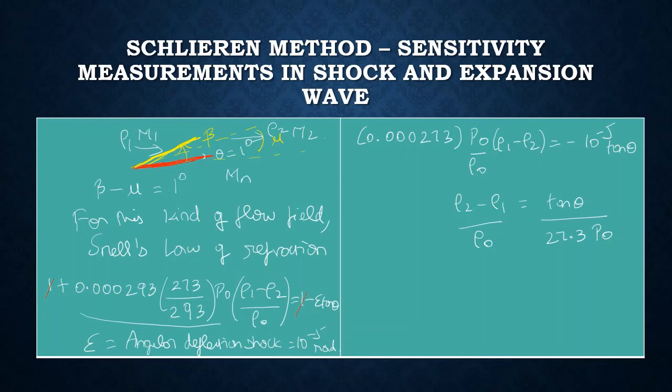That is, you have to find the value of rho 1 by rho naught initially. For this rho 1 by rho naught, you use the relation rho 1 by rho naught equal to 1 plus gamma minus 1 divided by 2 M1 square, to the power minus 1 by gamma minus 1. You are using this particular density ratio relation. Using this relation, you can directly find the value of rho 1 by rho naught as 1 plus M1 square by 5, to the power minus 5 by 2.